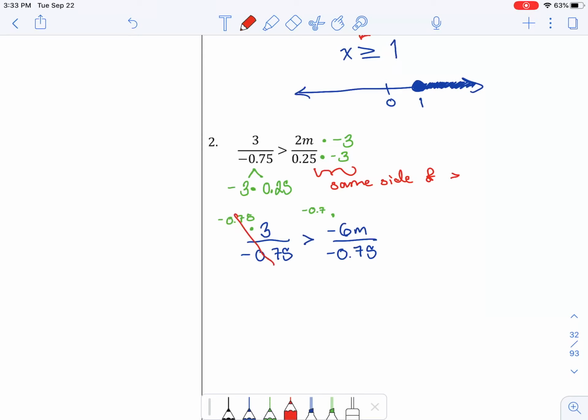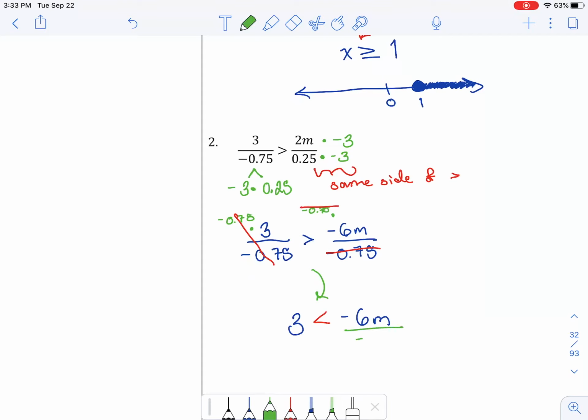It's great, these cancel, but I did multiply by a negative on both sides, and so then I'm going to have to flip the sign here to a less than sign, and I end up with 3 is less than negative 6m. Gotta be careful there, I almost crossed out all my negatives, where I'm just crossing out the ones here and here, since they are the same.